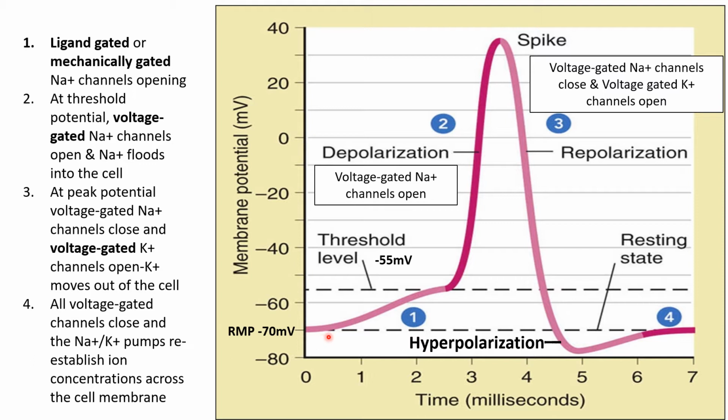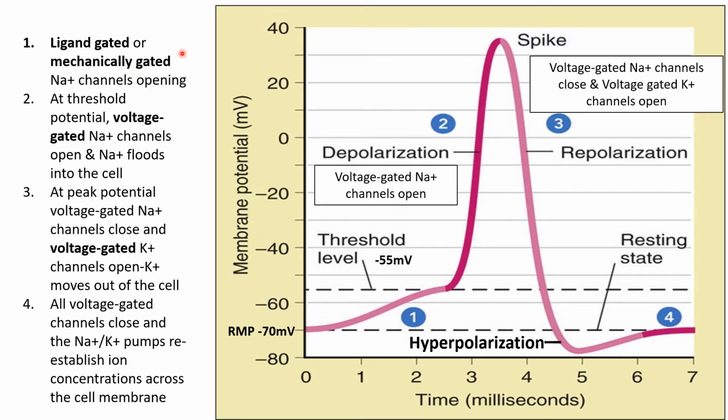Now we're going to stimulate the neuron. Some sort of stimulus is going to start acting on the neuron, and it's going to cause a depolarization, so the inside of the cell membrane becomes more positive. For this to happen, from rest to threshold, we have to have either ligand-gated or mechanically gated sodium channels opening.